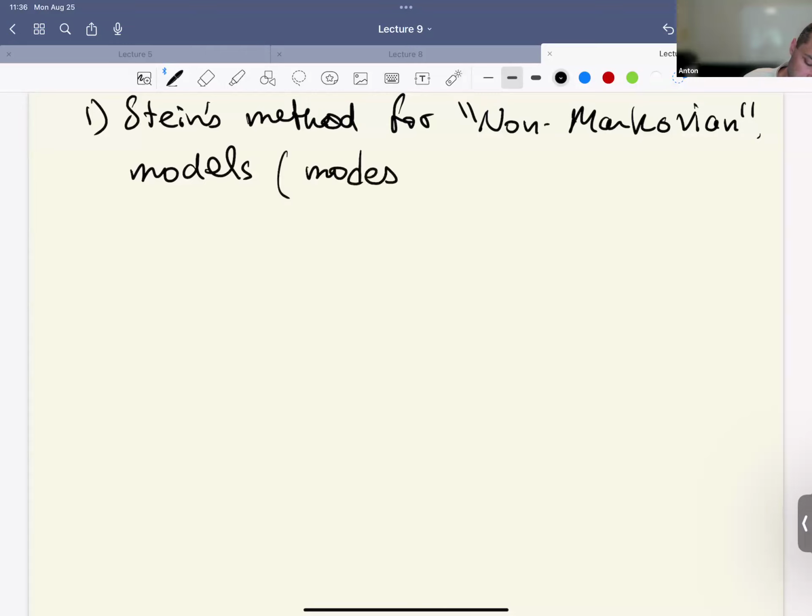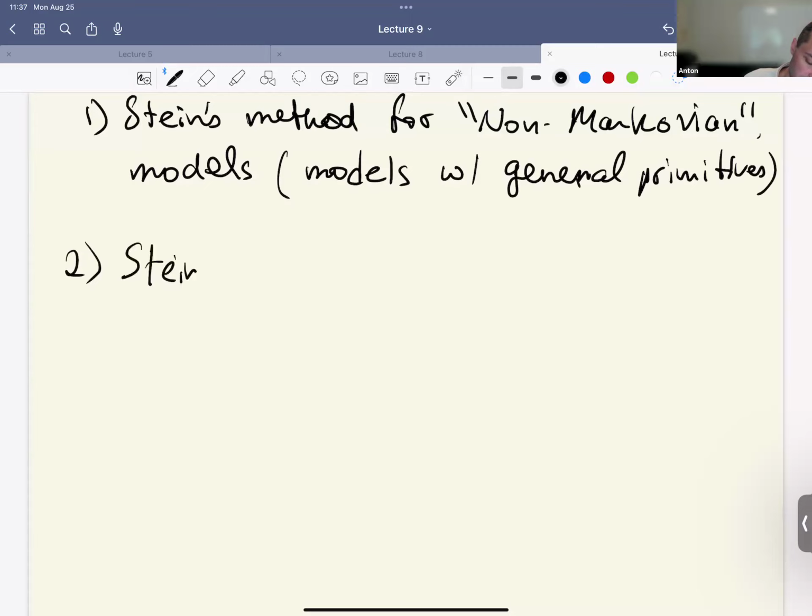Really, this is models with general primitives. And then two, Stein's method for mean field models.